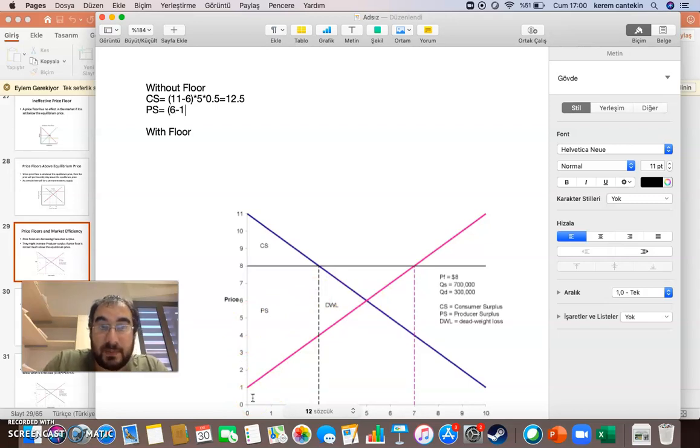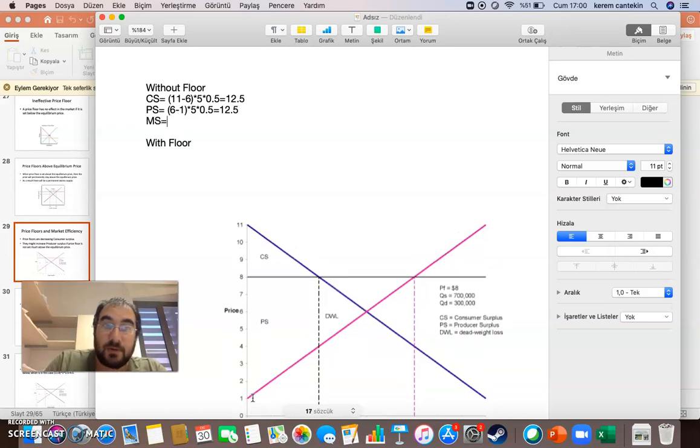In this case, it is parallel, but it doesn't need to be that way, times 5 times 0.5, which is equal to 12.5 again. Market surplus is equal to, in this case, consumer surplus plus producer surplus. We don't have state revenue in this case, which is equal to 25. You could calculate it by subtracting 1 from 11 and multiplying it with 5 and then multiplying it with 0.5.